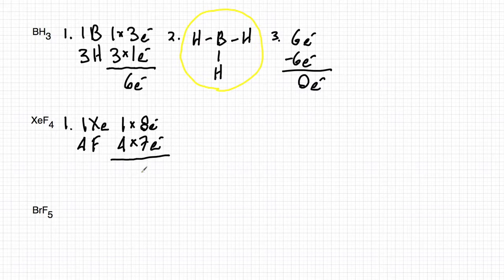And be careful with your addition. These always have a lot of electrons. Let's see, this gives us a total of 36 electrons. For our trial structure, well, let's go ahead and put xenon in the middle.